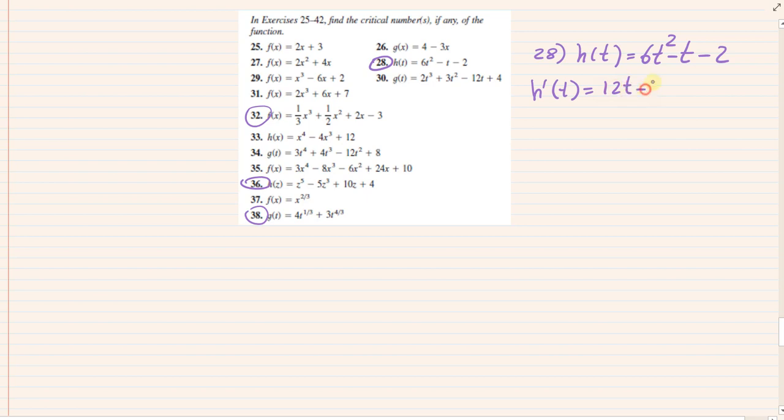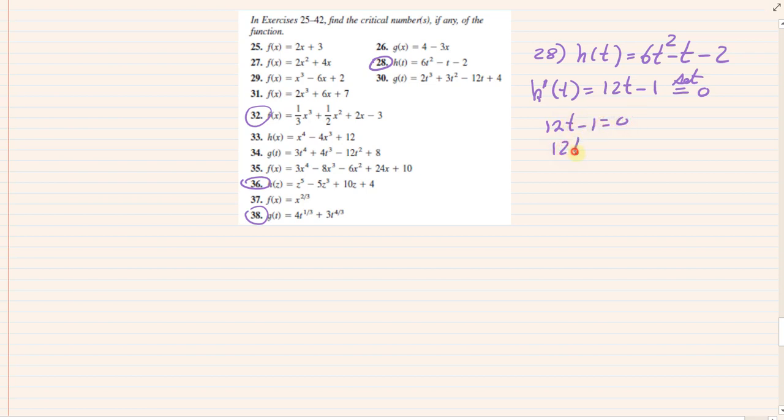This is going to be 12t minus 1. Now this derivative function is a linear function, and its domain is all real numbers, which means the derivative always does exist. So we're going to set it now equal to 0, because of the definition of critical number, and solve for t.